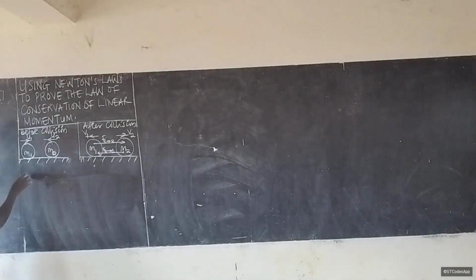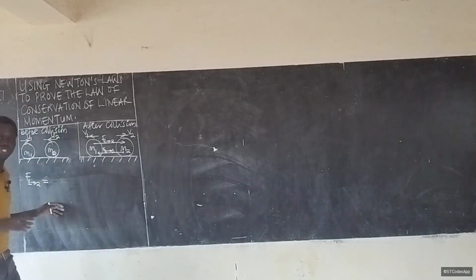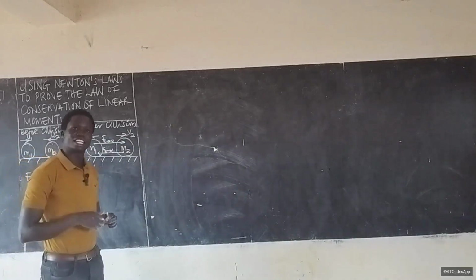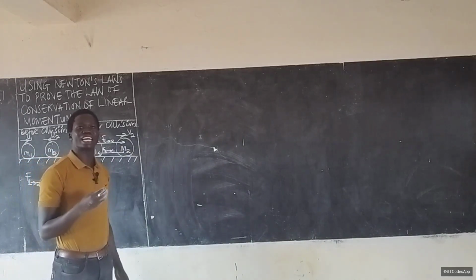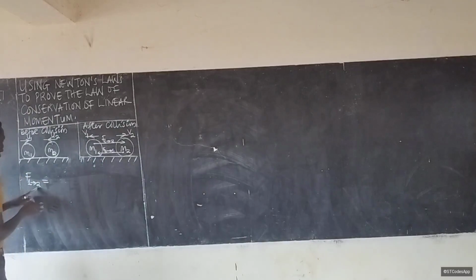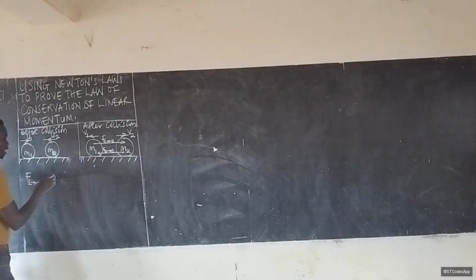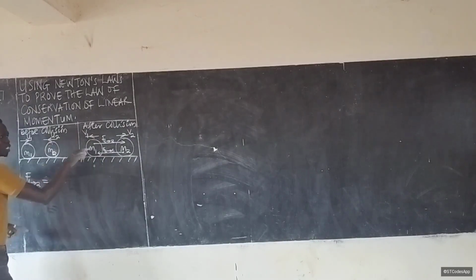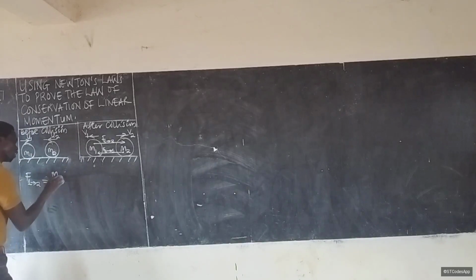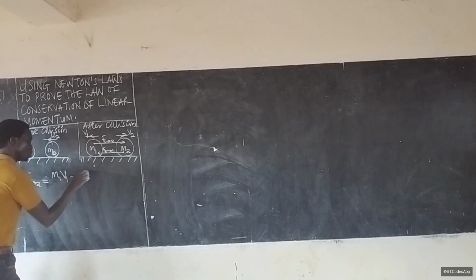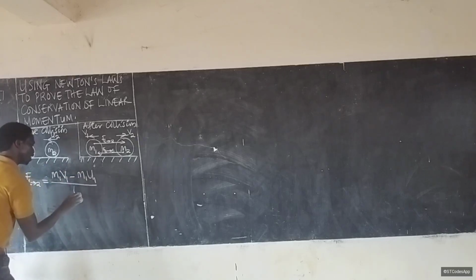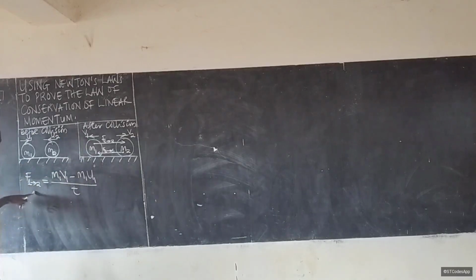The force F1 applied by body m1 on body m2 is got from Newton's second law, which tells us that the rate of change of momentum is directly proportional to the applied force. So we shall have m1 v1 minus m1 u1, its momentum after collision minus its momentum before collision, over t.